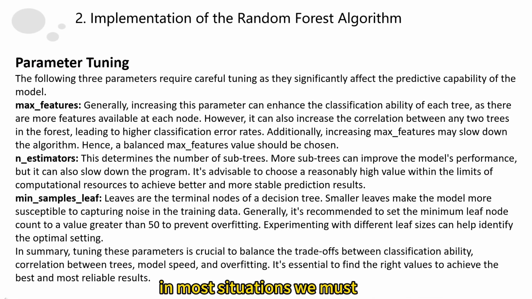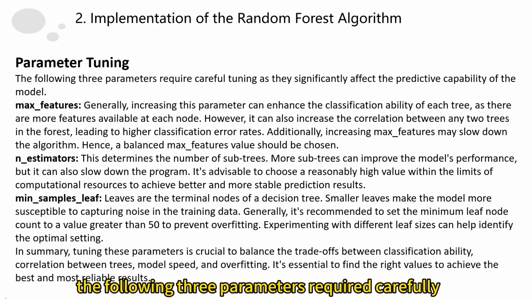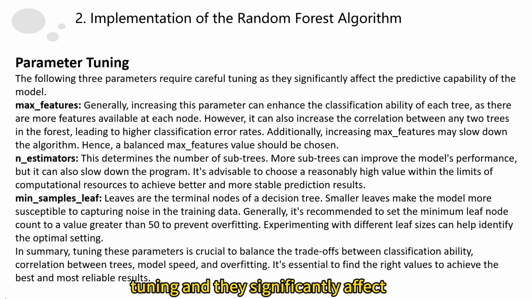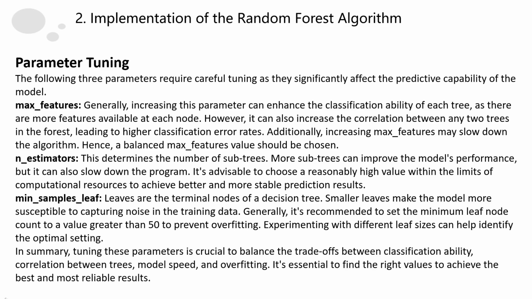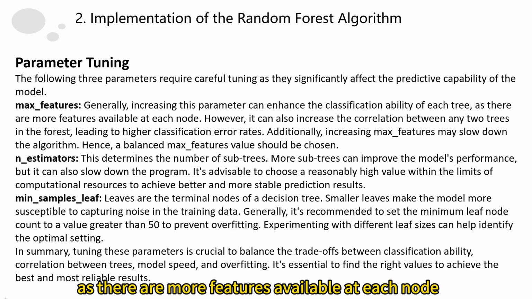In most situations, we must tune the parameters when we train the model. The following 3 parameters require careful tuning as they significantly affect the predictive capabilities of the model. The first is max_features. Generally, increasing the parameter can enhance the classification ability of each tree, as there are more features available at each node.